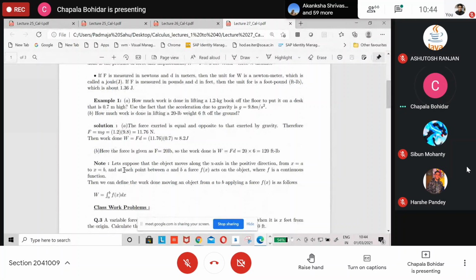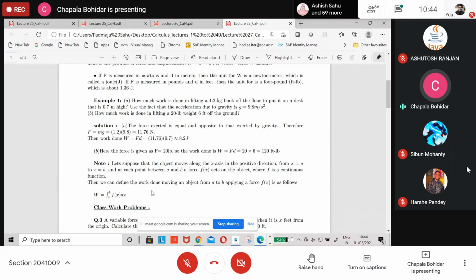Now note the total work done. Let us suppose that the object moves along the x-axis in the positive direction from x equal to A to x equal to B. At each point between A and B, force F of x acts on the object, where F is a continuous function.